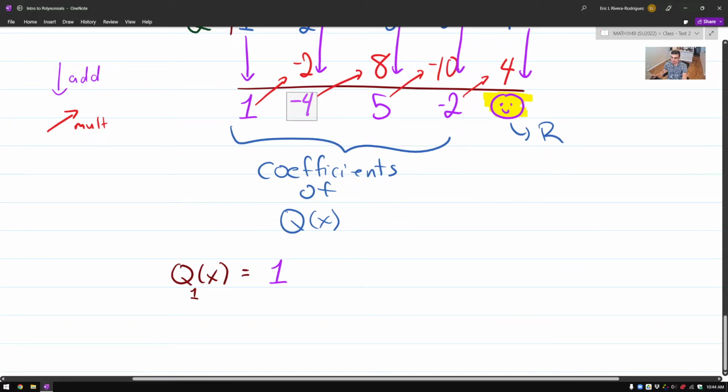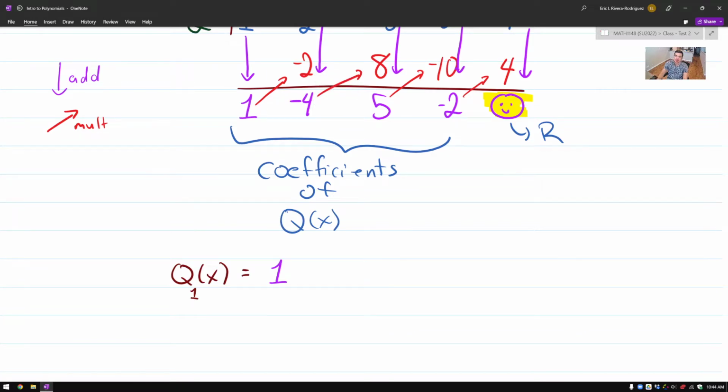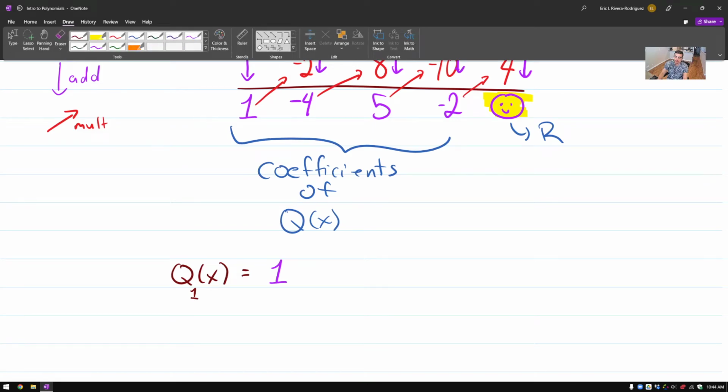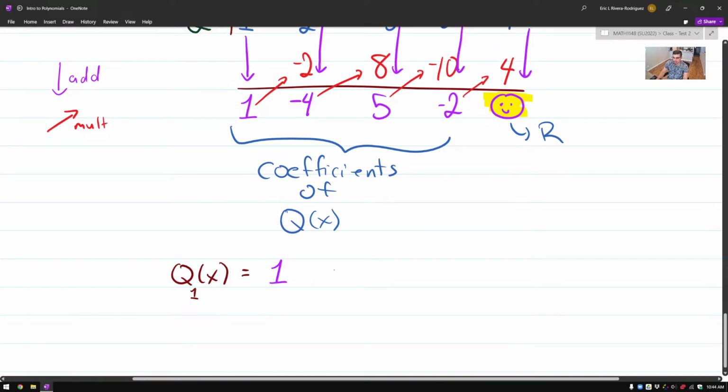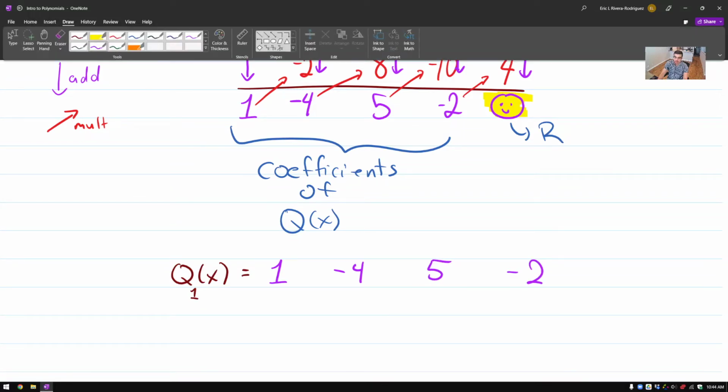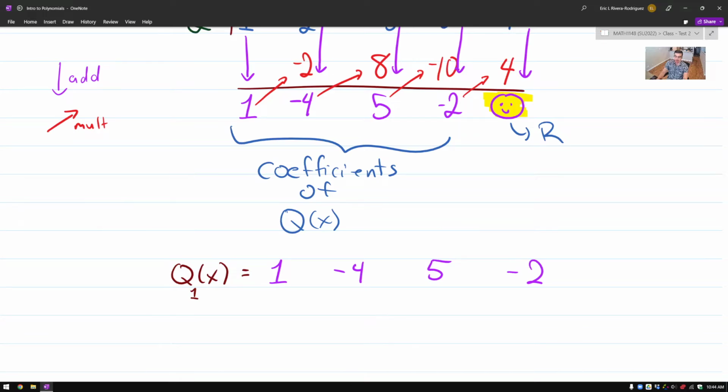I'm going to take all these numbers if I can grab it. Can I take it? No. No worries, I can just write them. 1, -4, 5 and -2 in the same exact order, and then we are going to complete our polynomial.